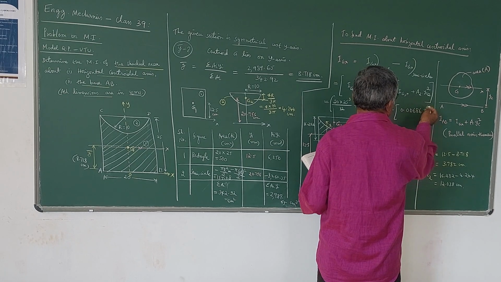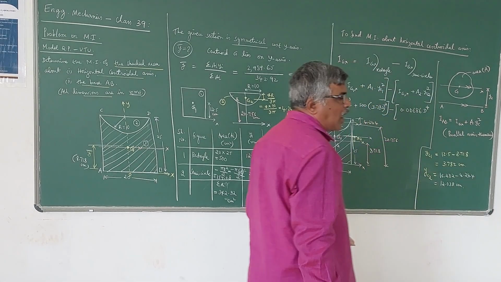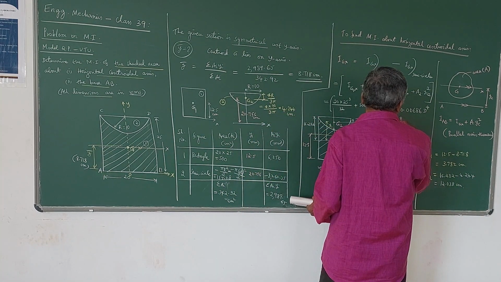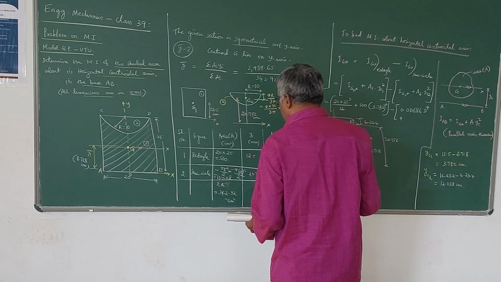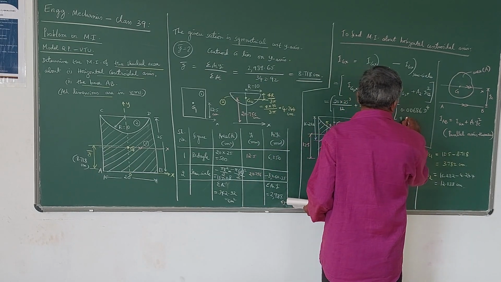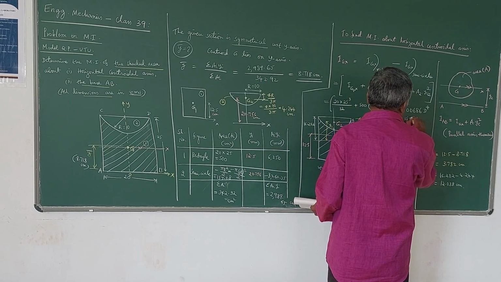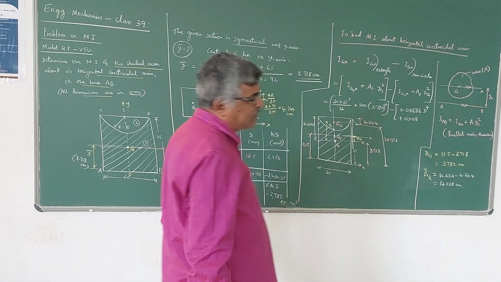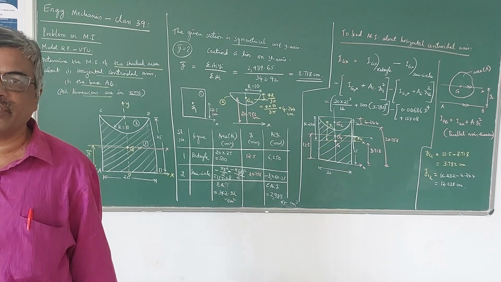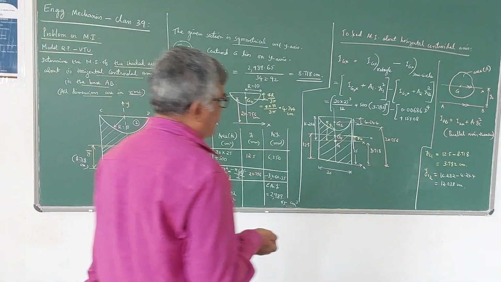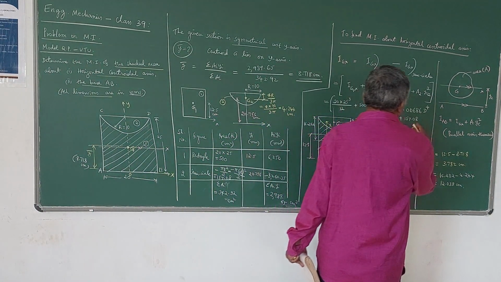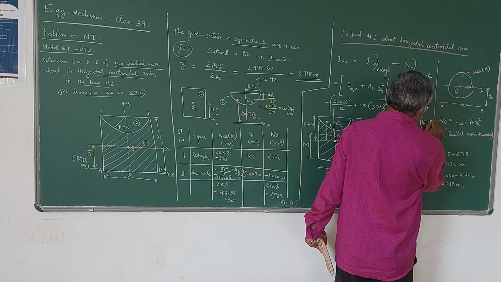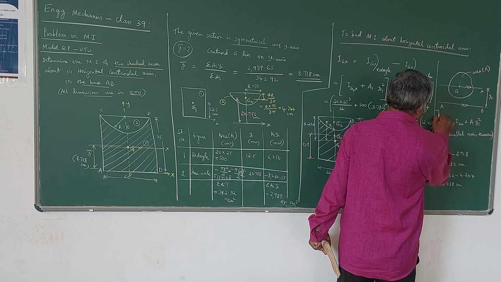You can always replace d by 2r and write it in terms of r also. Plus A2, the area of the semicircle, which is 157.08. Don't take a minus here because I have already taken the minus outside the bracket, which says that if the area is negative, the moment of inertia of that area is also negative. So 157.08 into YC2, 12.038 square.